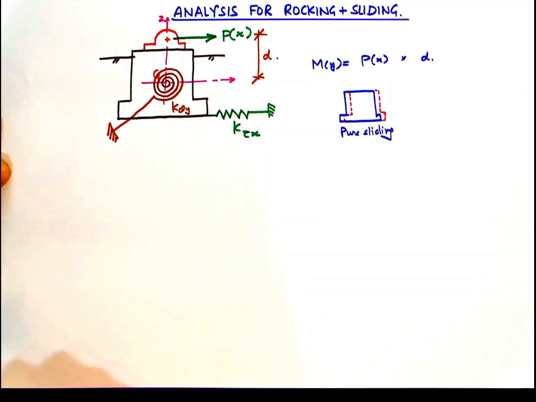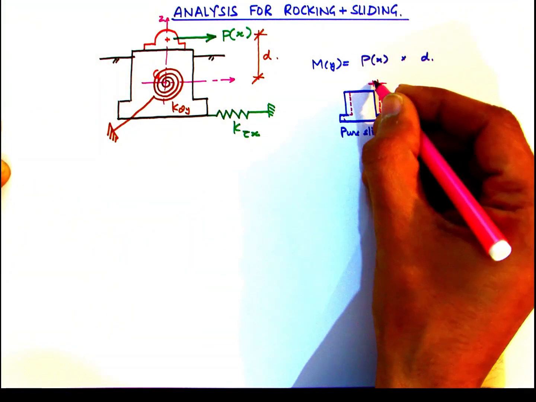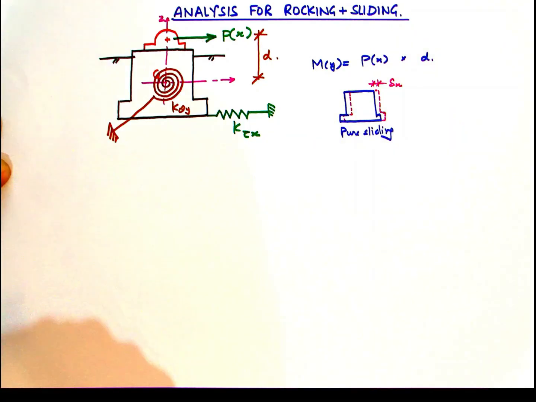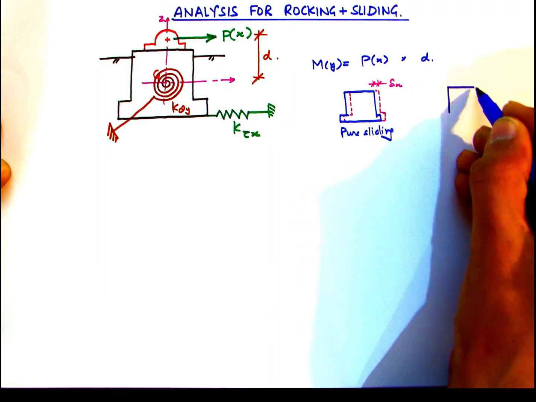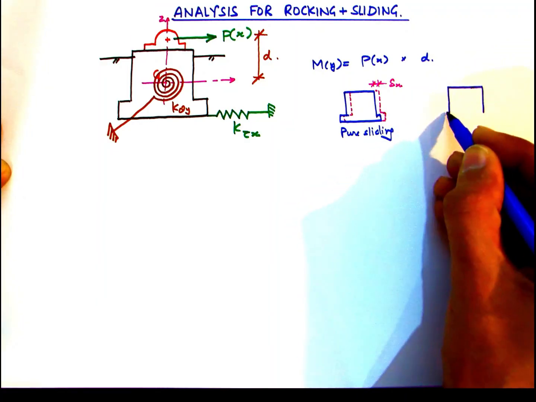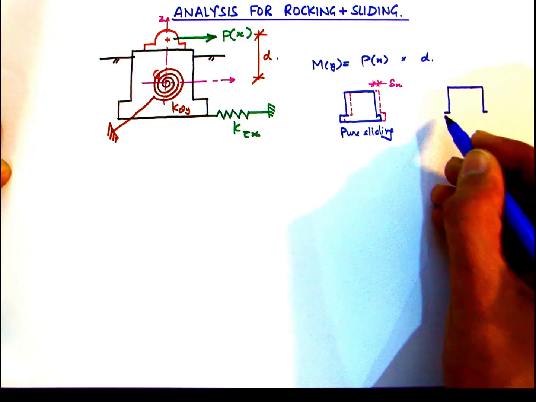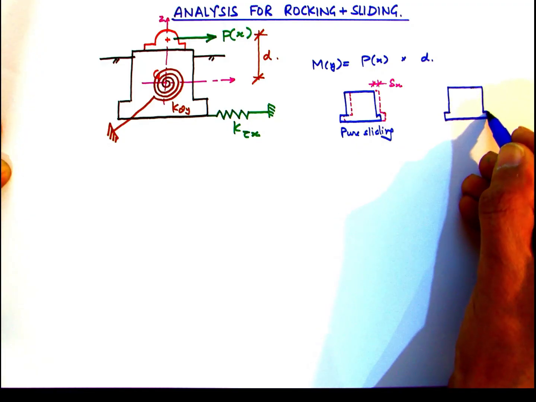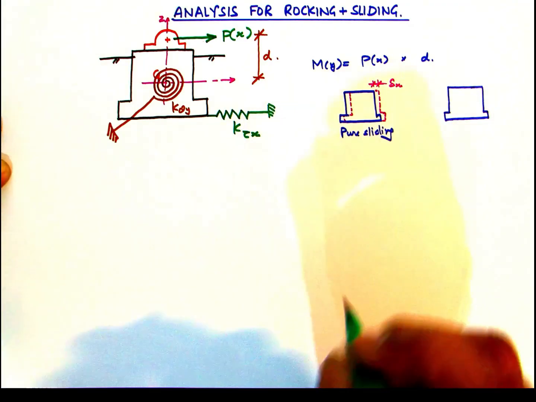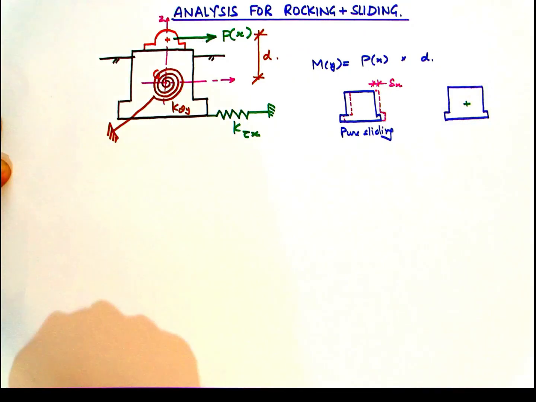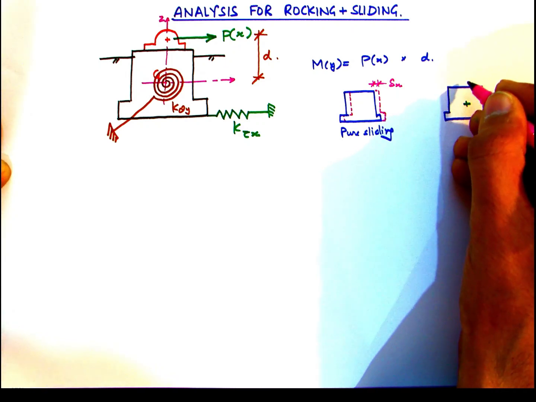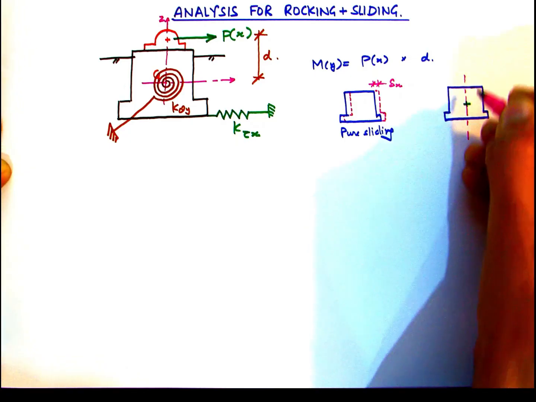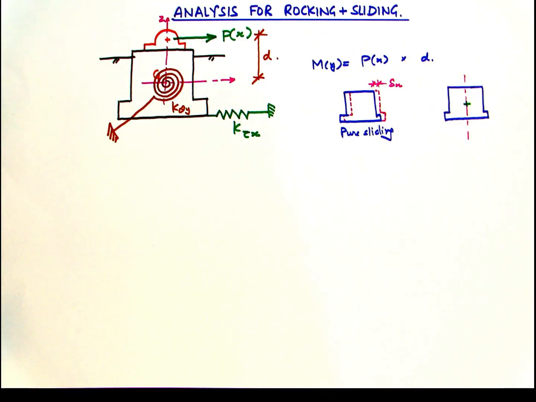So this is the hypothetical case that the foundation system is undergoing pure horizontal displacement under the force, and similarly we can show the hypothetical pure rotation as the block undergoing rotation about the combined center of gravity G. But as we have explained before, the two motions, sliding and rocking, occur simultaneously.